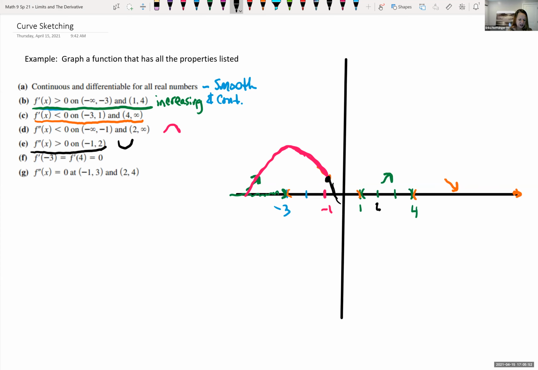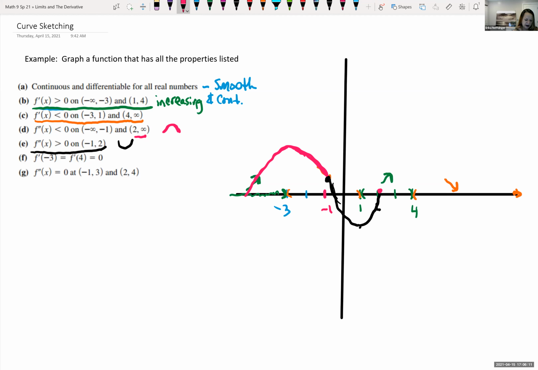It changes directions at 1. So concave up, at 1, we're going to have a min until we hit 2. And then this told me that it was concave down from 2 to infinity.